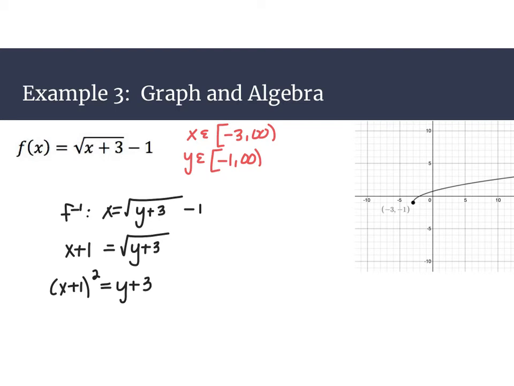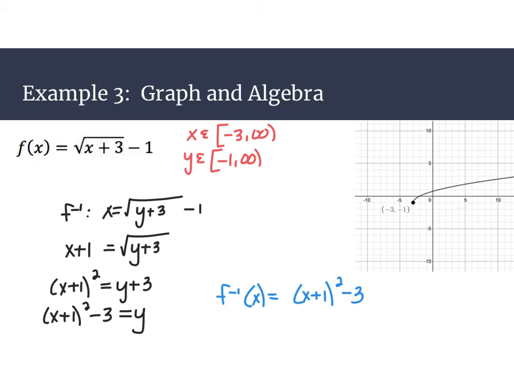Then we want to isolate the y, so we're going to subtract 3 from both sides. Using the appropriate notation, this would make my inverse function x plus 1 squared minus 3.